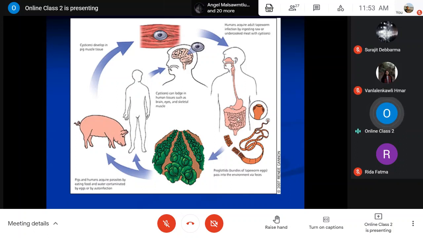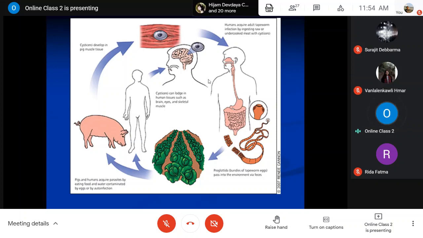And this chart, I have told you, shows that through consumption of contaminated food and water mainly, or sometimes meat, humans mostly get infection. This one is about cysticercosis through infected meat of the pig, or pork.